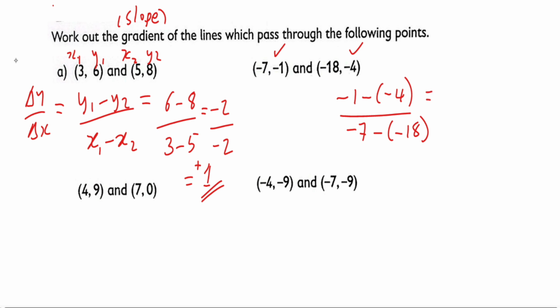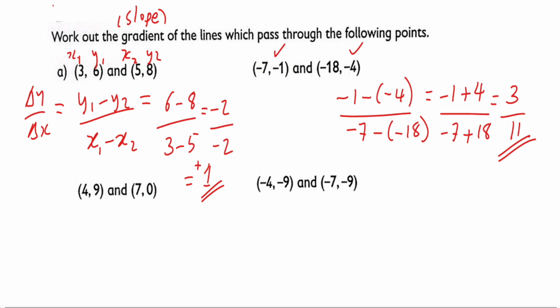So minus, if you have 2 minuses following each other, it becomes plus, and the other one also becomes plus. Minus 7 minus minus becomes plus 18. So minus 1 plus 4 gives you 3, and 18 minus 7 gives you 11. Therefore our gradient is 3 over 11.